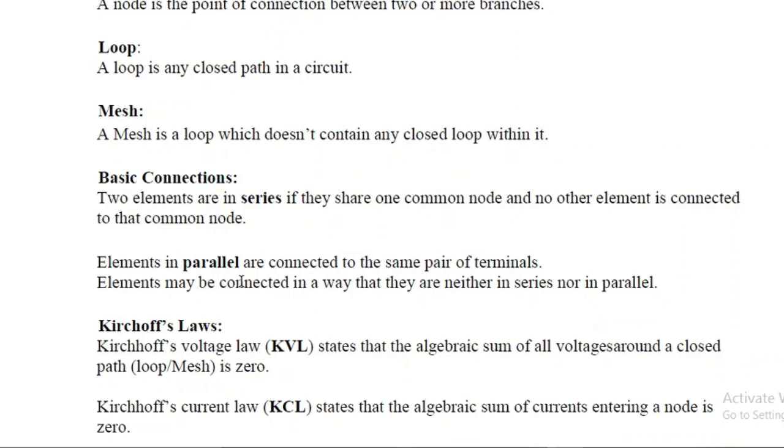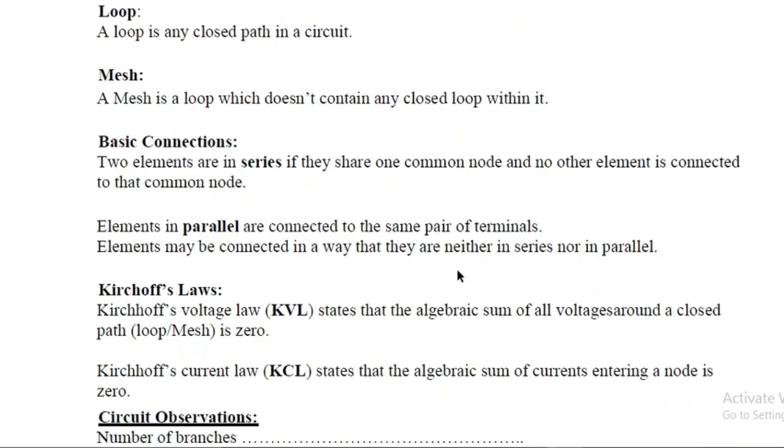The circuit can also be made in a way that it is neither in series nor in parallel. That connection is also possible. So let us see the KCL and KVL.